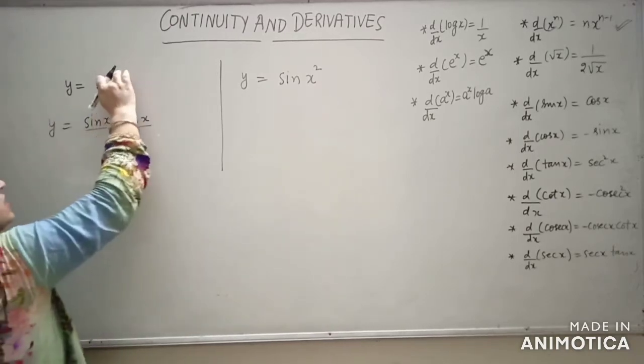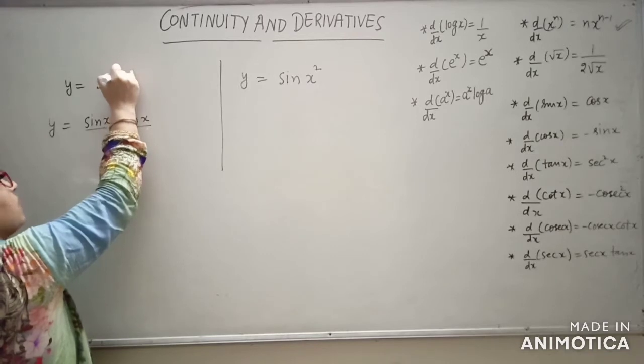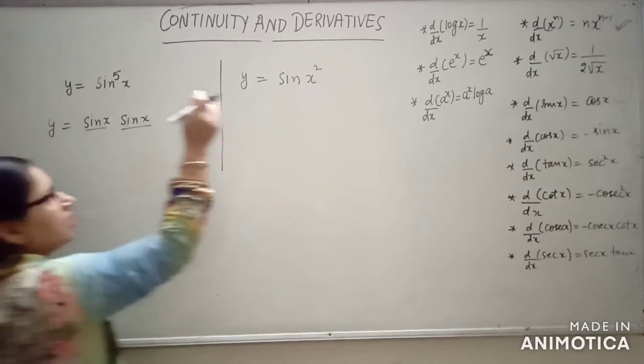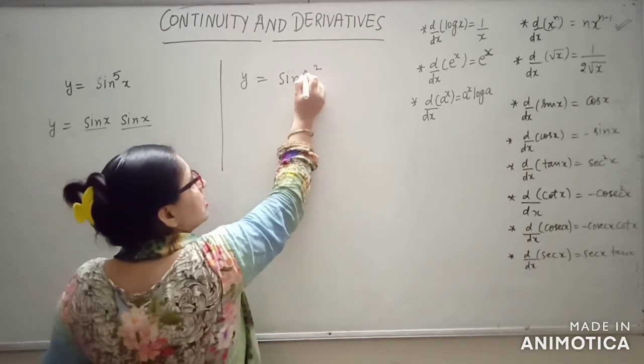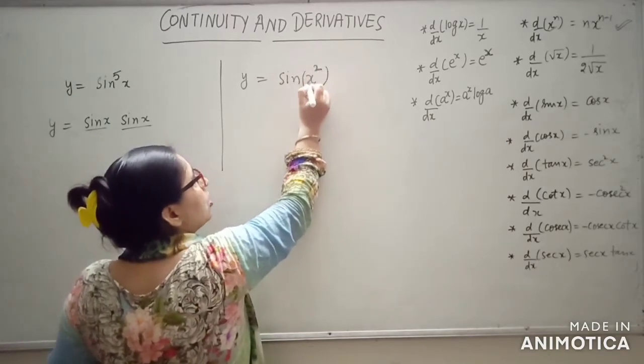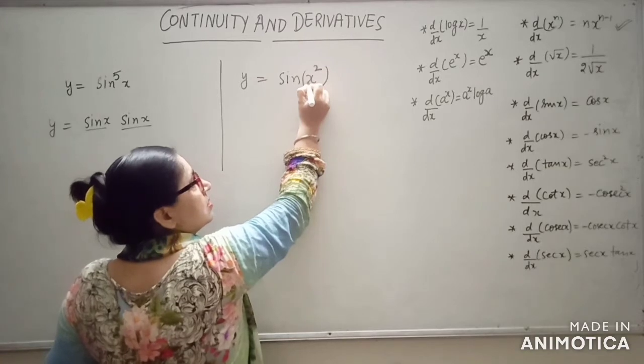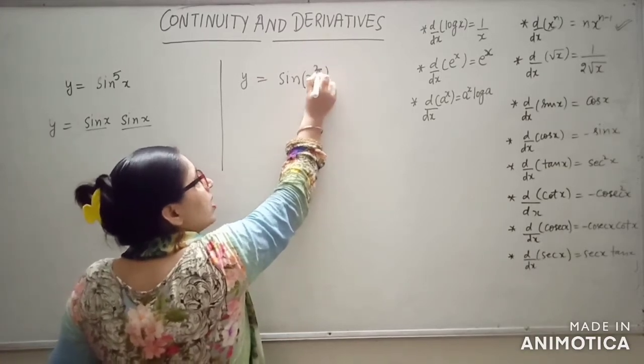But suppose it is sine raised to power 5. And make it clear that in the other one, the power 2 is only of this x: sine of x square.